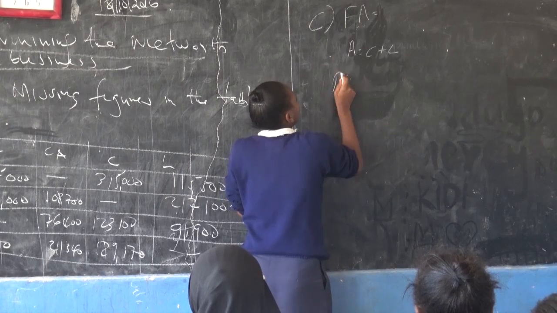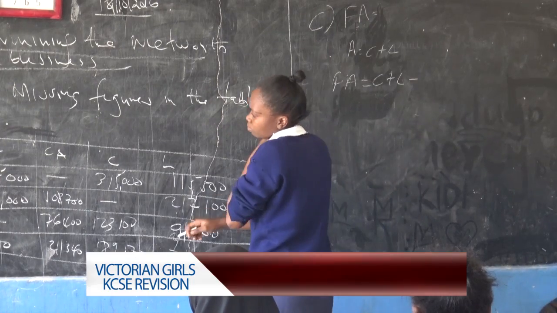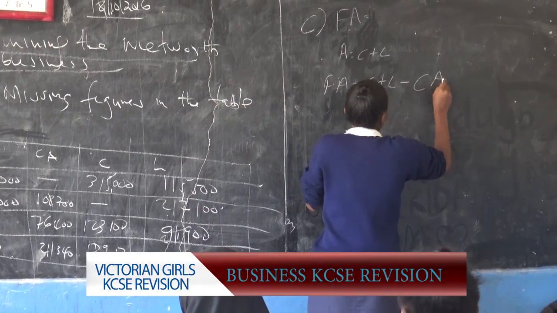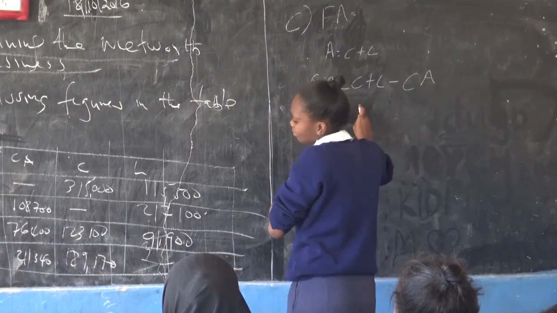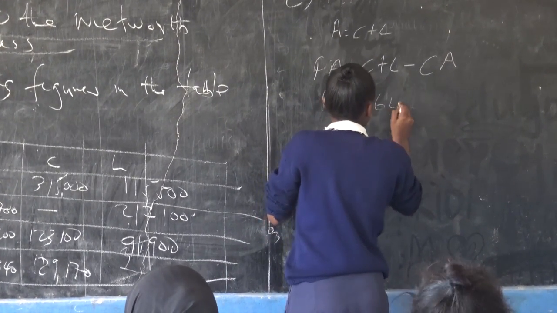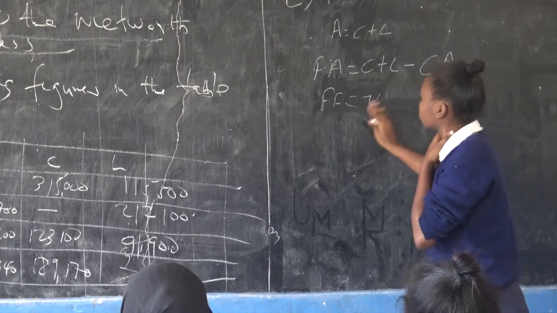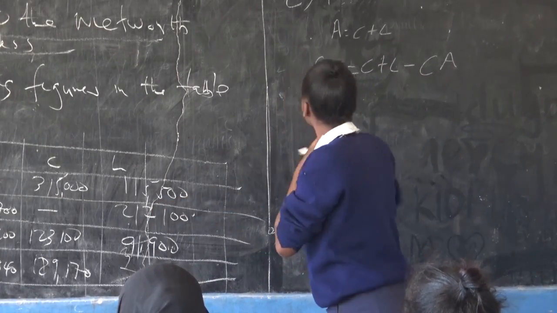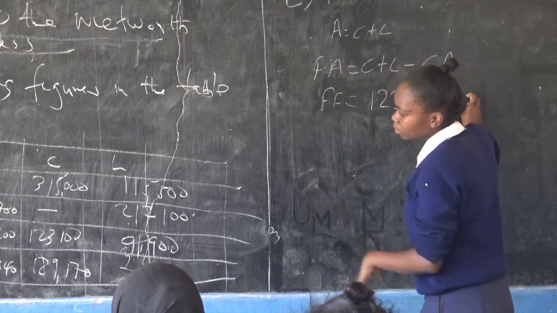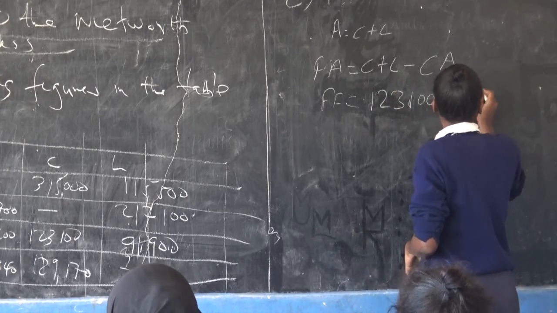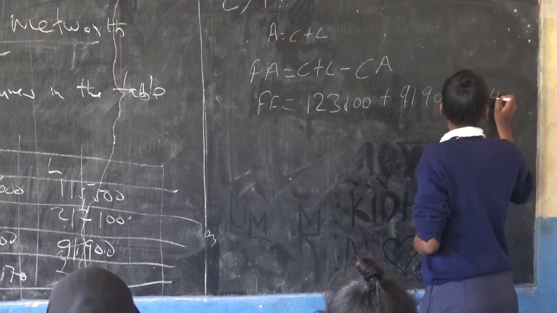So you say FA is equal to C plus L minus CA. And C, capital, is 76,400. L is 91,900. CA is 6,100.